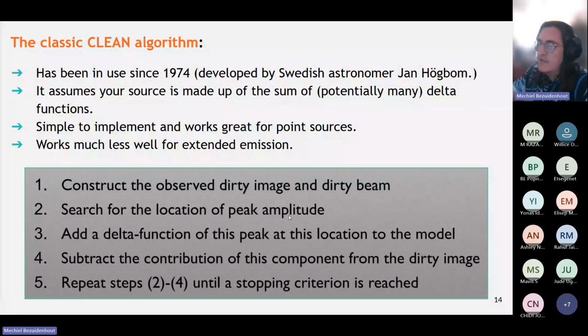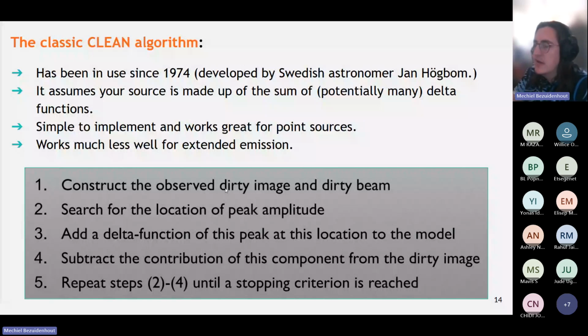And we add a delta function of this peak to the location of the model, and then we subtract the contribution of this component from the dirty image, and then we go back to step 2 to search for another peak and subtract the peaks iteratively until we reach a stopping criterion, which usually means until the image stops changing very much, until it stops helping.